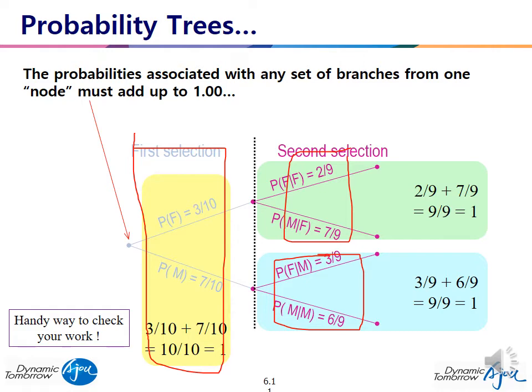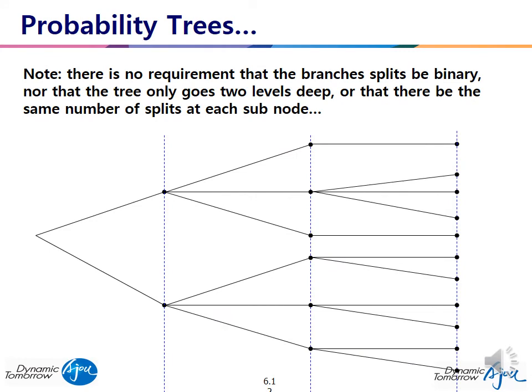You can check easily, very easily. When you draw a probability tree, check this part. There is no requirement that the branch splits be binary, nor that the tree only goes 2 levels deep, or that there be the same number of splits at each subnode.